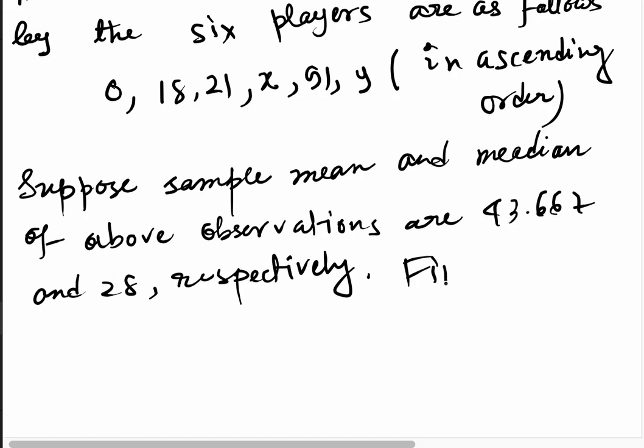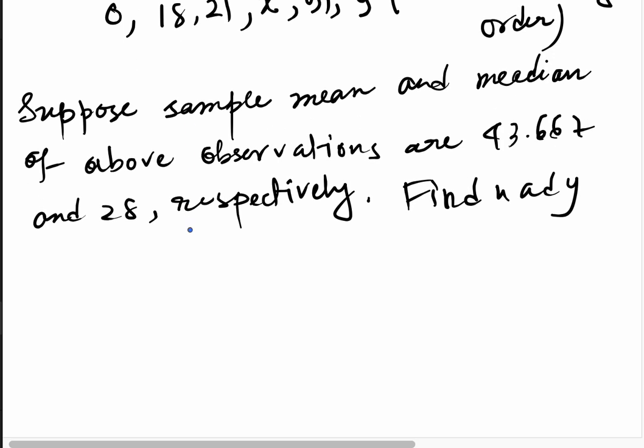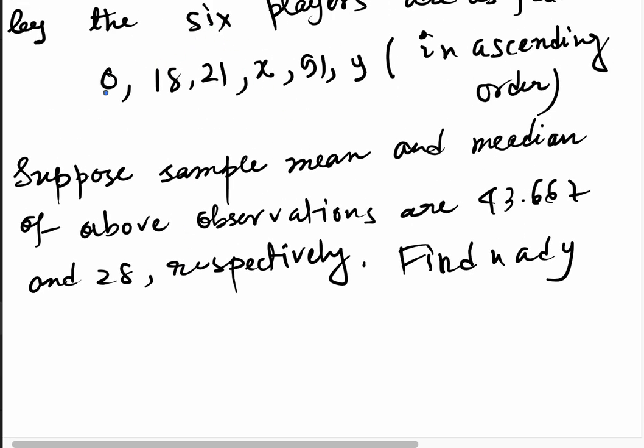Then find X and Y. So let's find it. How many are there? 1, 2, 3, 4, 5, 6. So this is odd, this is even.